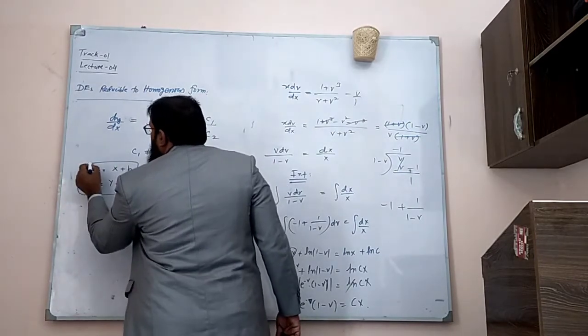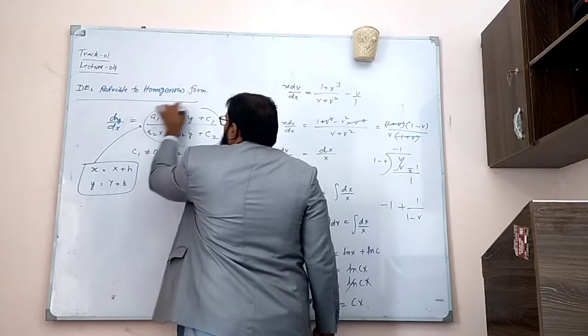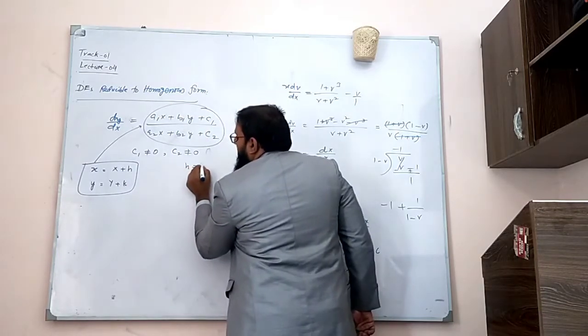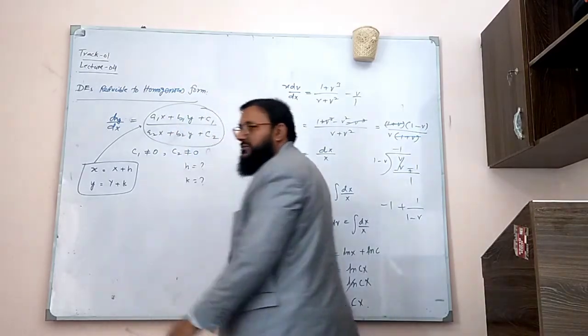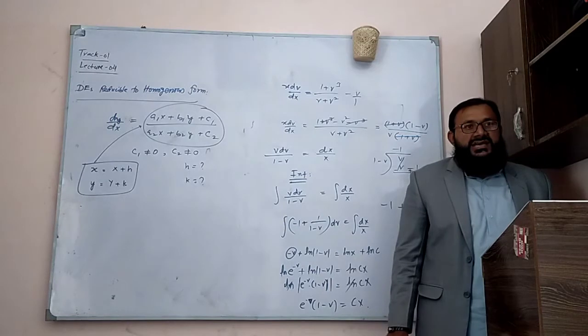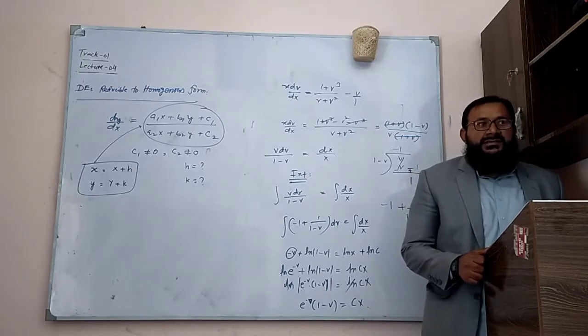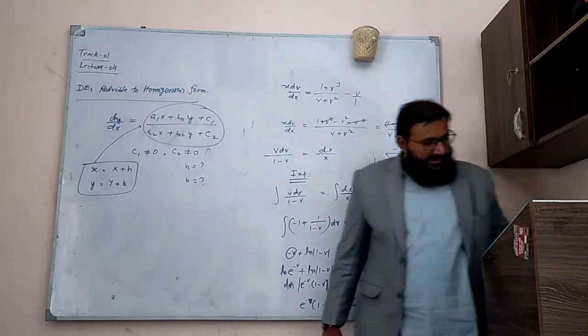Now when you apply these transformations and you claim that you want this to be homogeneous, you will find some values of h and k that make this equation homogeneous. So I think we should understand this idea with the help of an example.